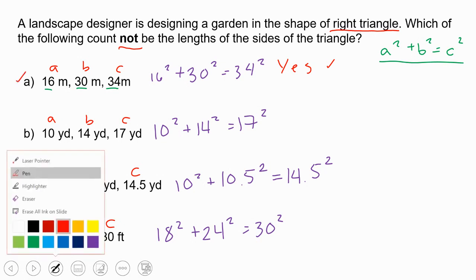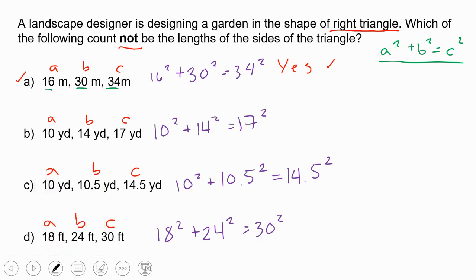But the problem is that we are looking for which one does not create a right triangle. Because it says which of the following could not be the lengths of the sides of the triangle. And we know that the designer already chose to use a right triangle.